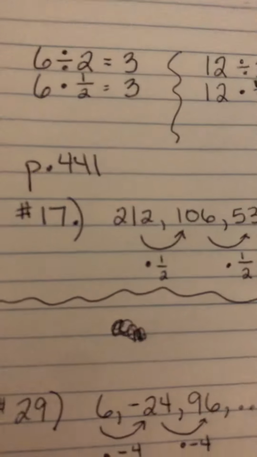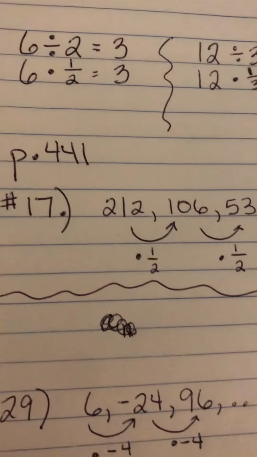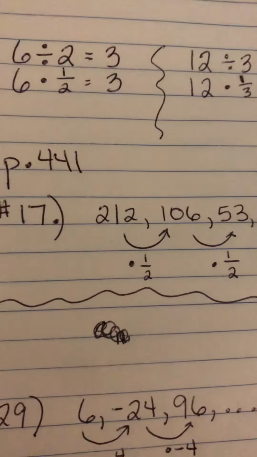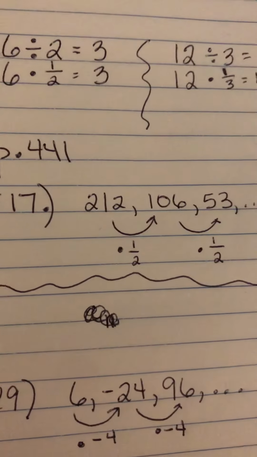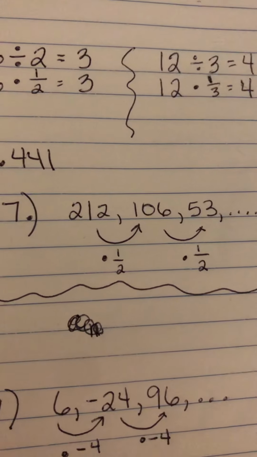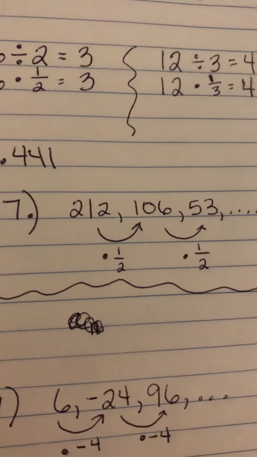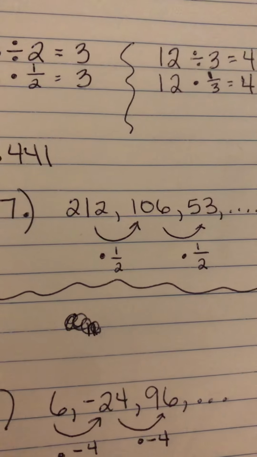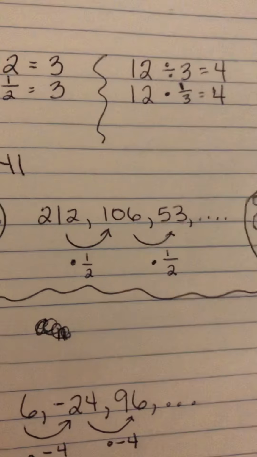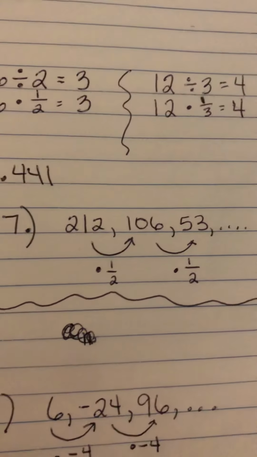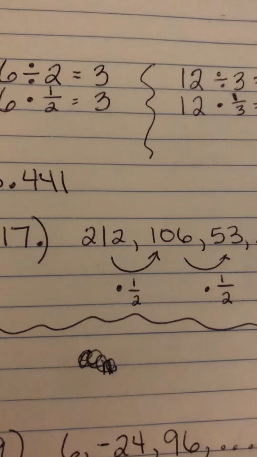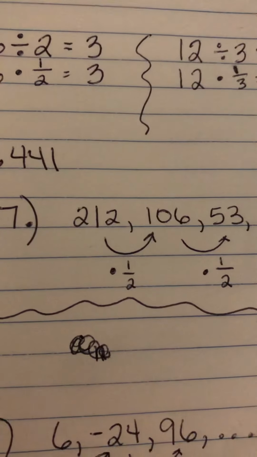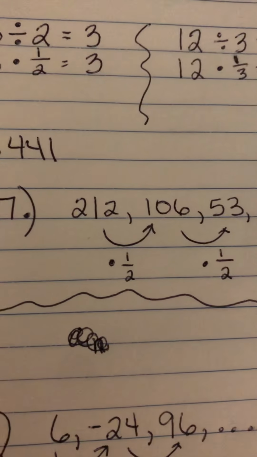Alright, so on page 441, which was where your homework was, I just picked 2 problems we could look at. Number 17 just simply asked you to find out whether it was geometric, arithmetic, or neither, and then explain. So number 17, I could tell that the numbers were decreasing, so I knew I had to be multiplying by a fraction, okay?